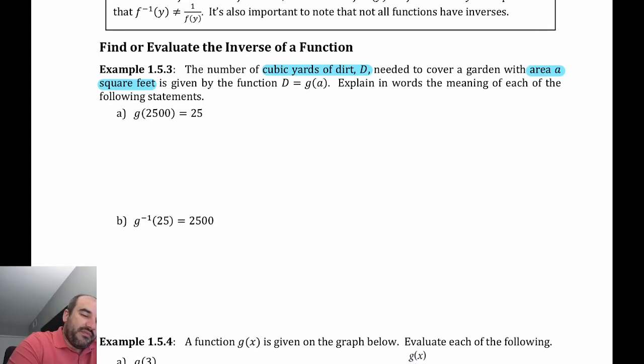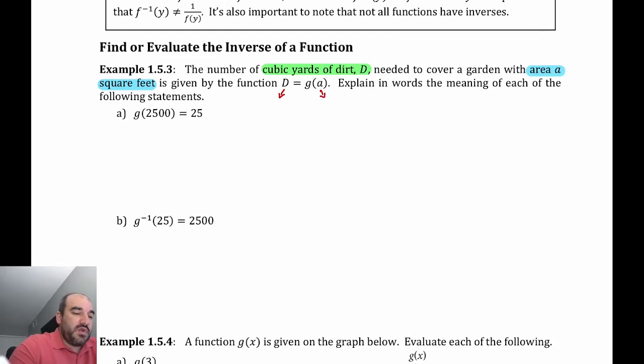So if G of 2500 is 25, let's highlight this in different colors. In this function here, real quick, the D equals G of A, which one is my input and which one is my output? Is D the input or A the input?